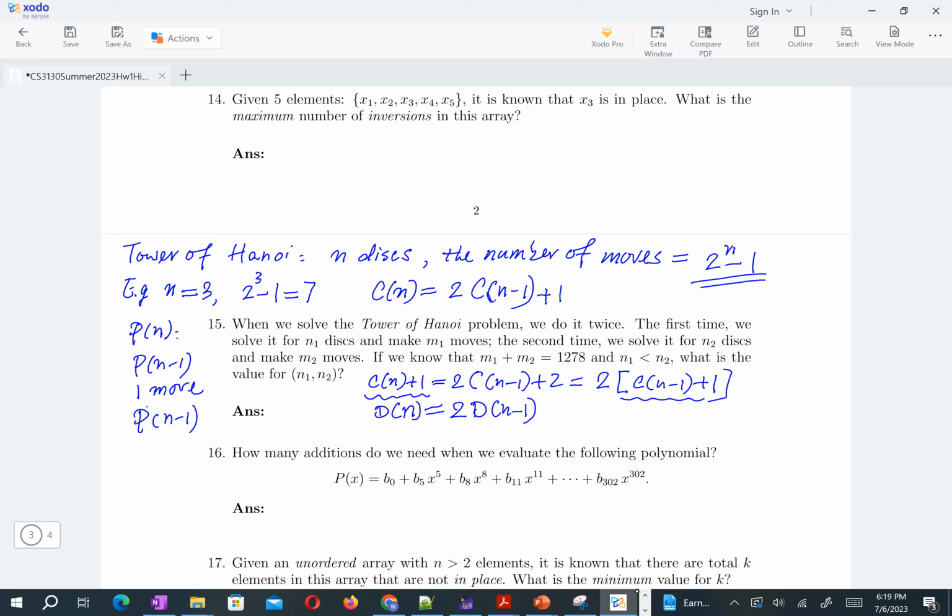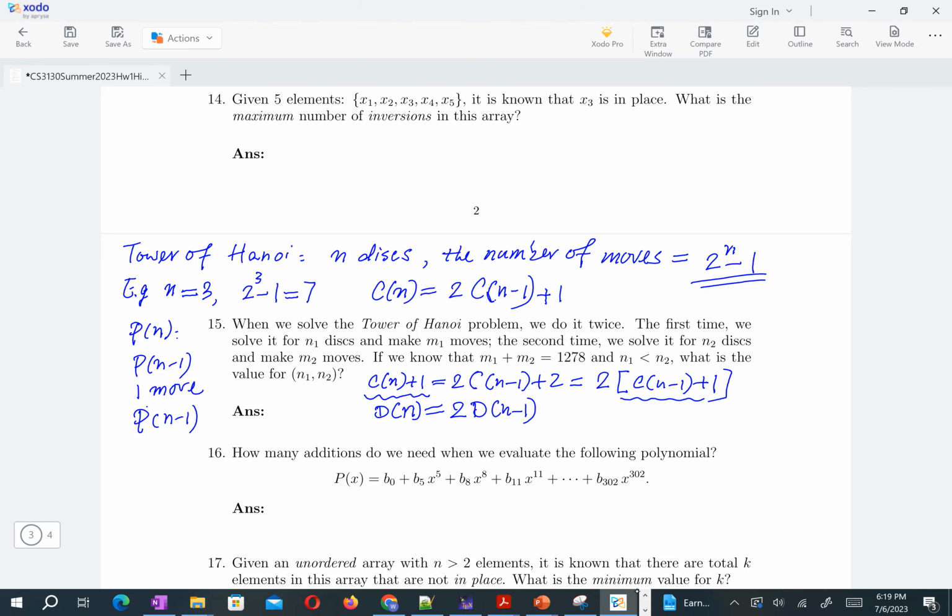We do substitution. The reason is this d version looks simpler than the C version. The constants are all gone. We only have d of n equals 2 times d of n minus 1.